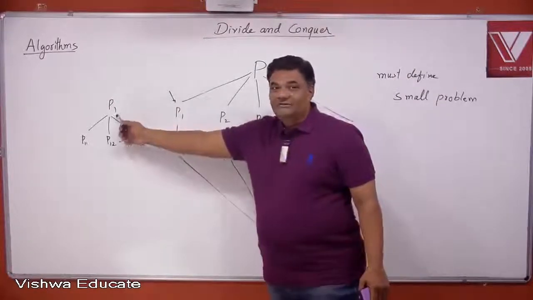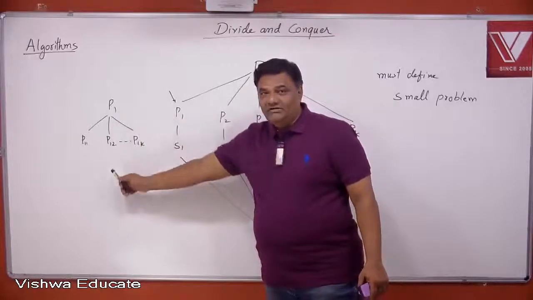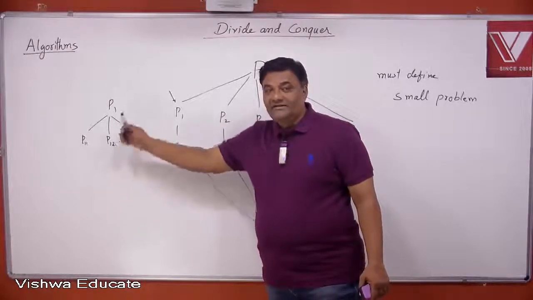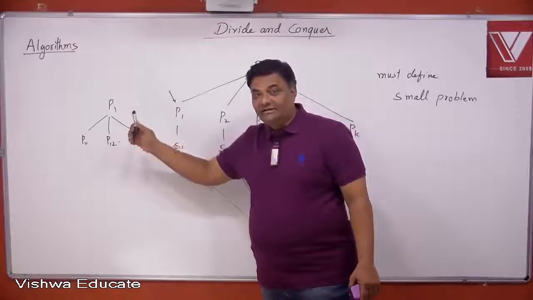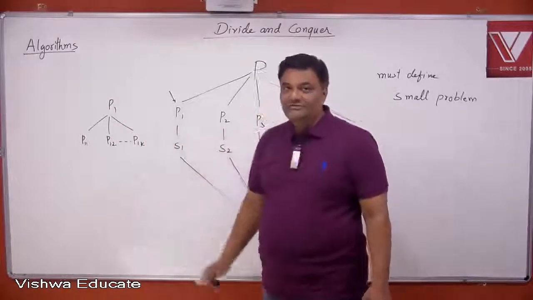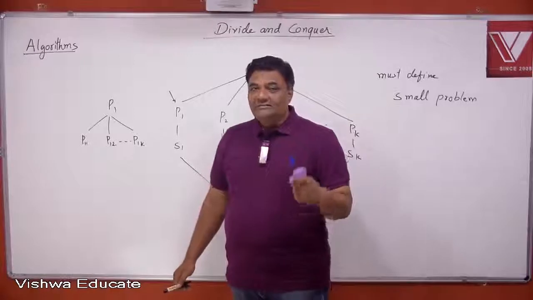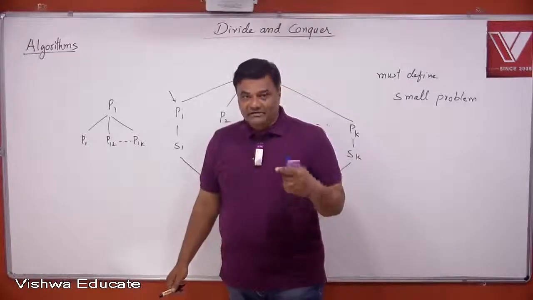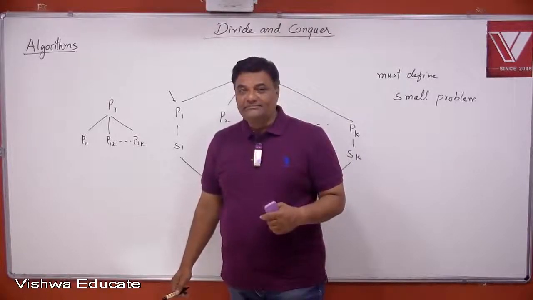Next, if the sub-problem is large, apply divide and conquer on the sub-problem also. So divide and conquer is applied recursively. This is also a point you have to write down.